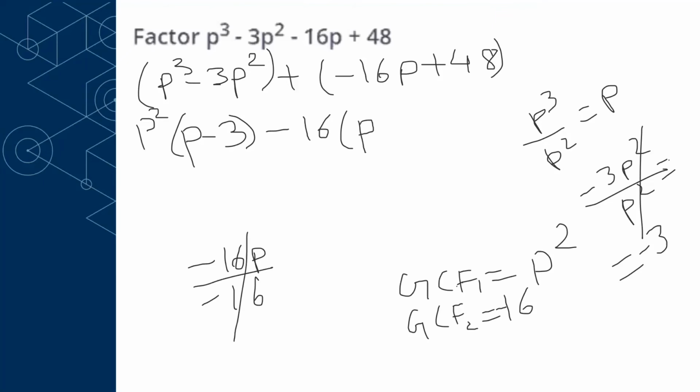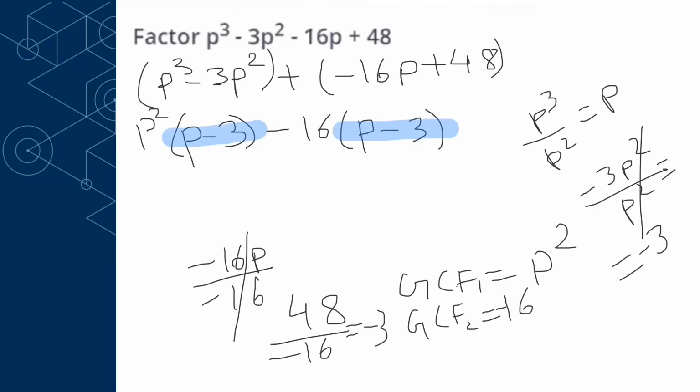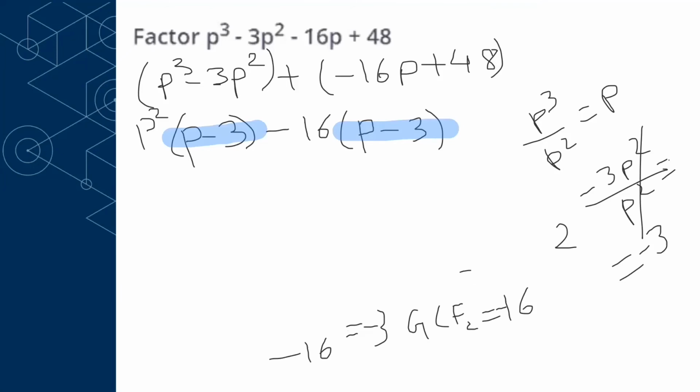Then you have 48, and if you divide that by -16, you get -3, because positive divided by negative is negative, and 48 divided by 16 is 3. Then if you take a look, you have the common factors in there. So you know that you are on the right track, with the common factors as evidence that you are doing it correctly.